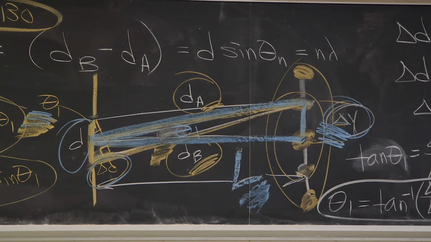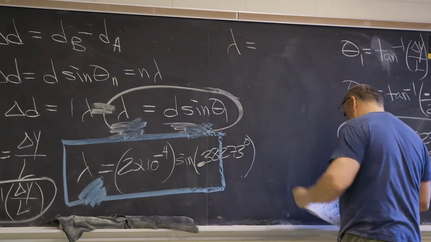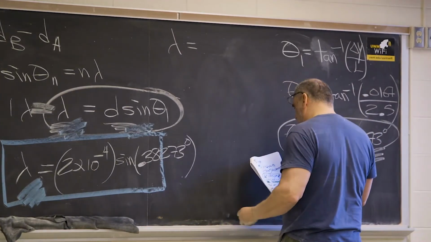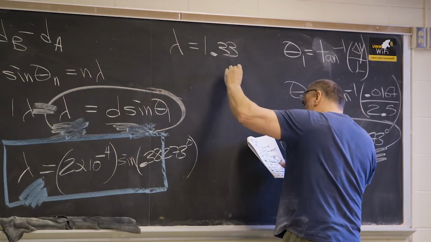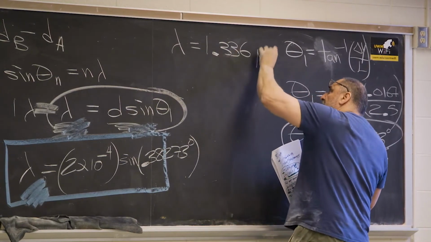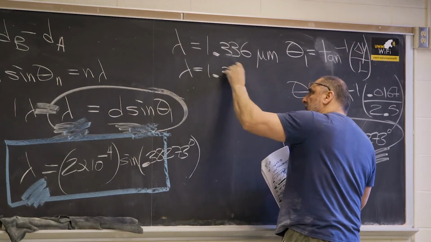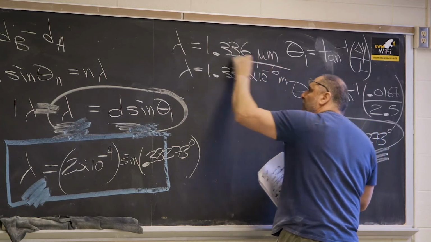I mean, you get to here, that's what lambda's going to be. When you do it, you're going to get 1.336 micrometers, which is the same as 1.336 times 10 to the negative 6 meters. You know they both mean the same thing, guys.